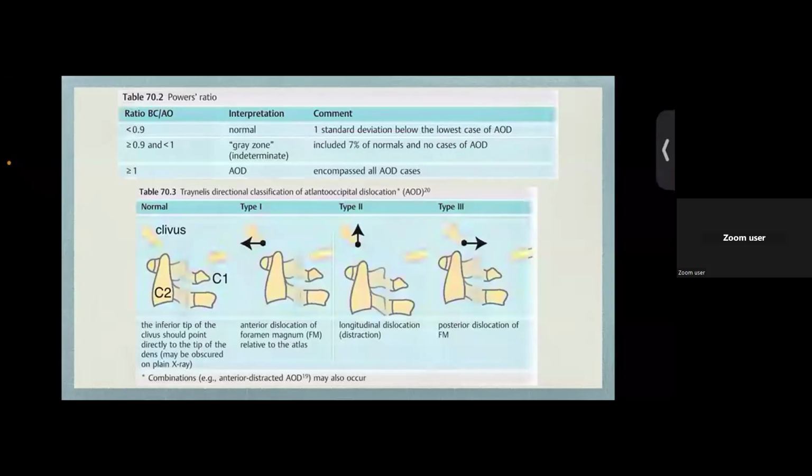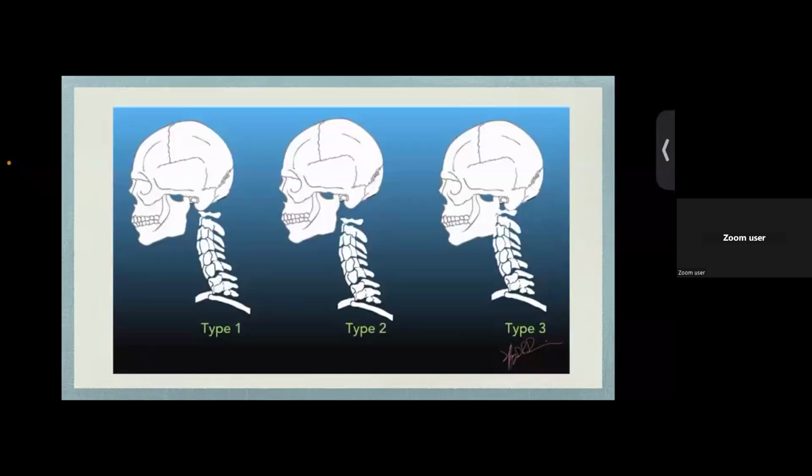Type 2 is longitudinal distraction, and type 3 is posterior dislocation. This diagram shows it a little more clearly, to picture how the dislocations are. Type 1 is anterior, type 2 is pushed superiorly, and type 3 posteriorly.